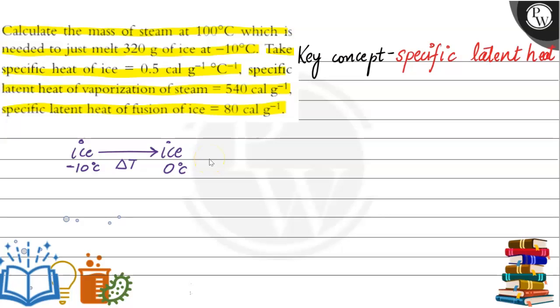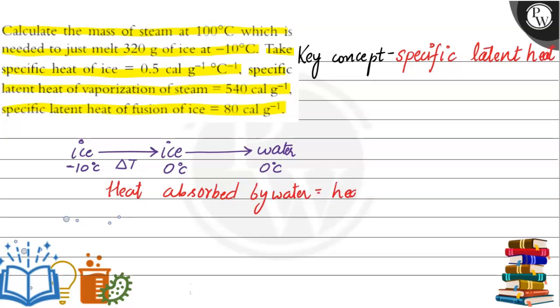Then the ice at 0 degrees Celsius changes its phase from ice to water at 0 degrees Celsius. The heat absorbed by water is equals to heat lost by steam.